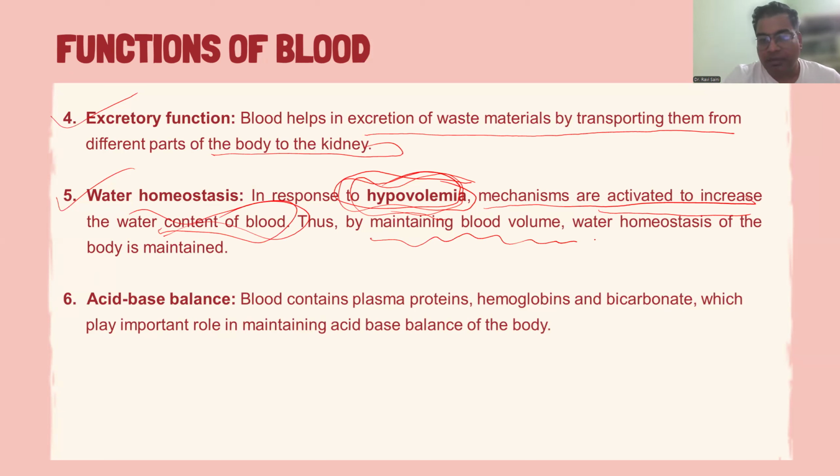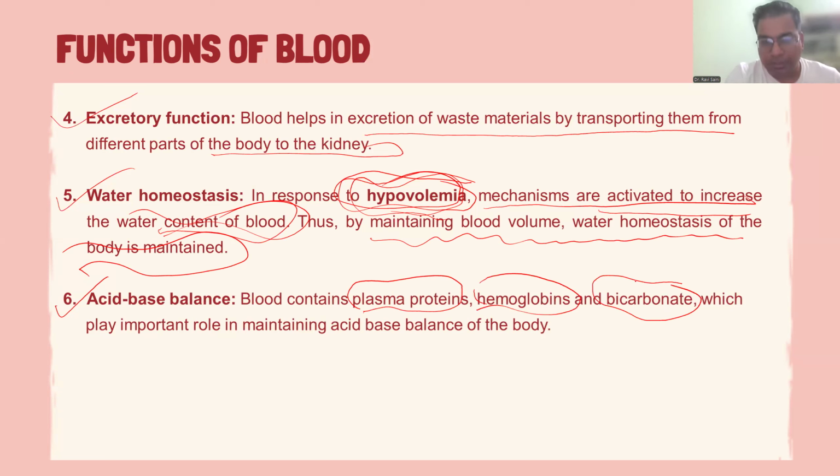Thus, by maintaining blood volume, water homeostasis of the body is also maintained. Acid base balance: blood contains plasma proteins, hemoglobin, and bicarbonate, which play an important role in maintaining acid base balance of the body. They act as a buffer.